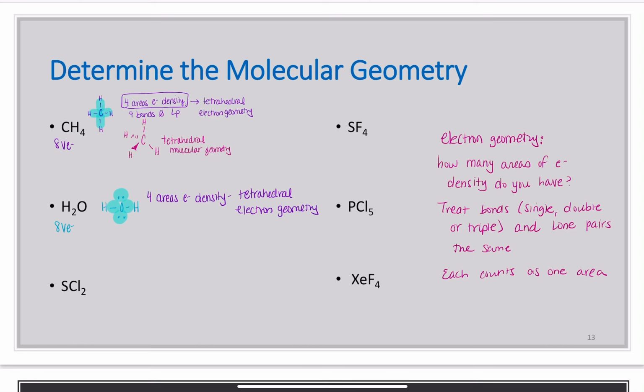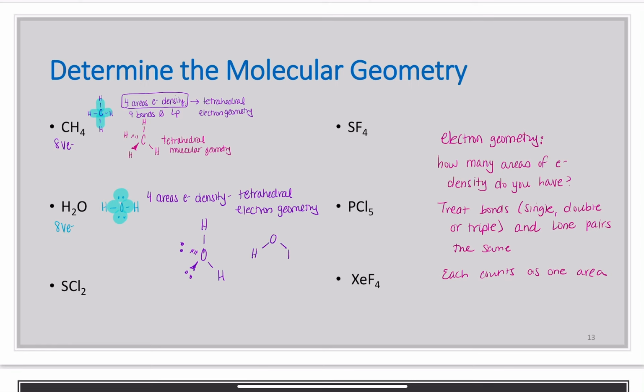Draw it out in that shape. Oxygen, hydrogen, hydrogen, lone pair, lone pair. Now, you can either leave them the same or you can erase the lone pairs. We don't actually need the lone pairs there. I don't really care.